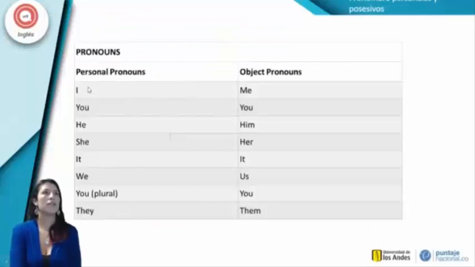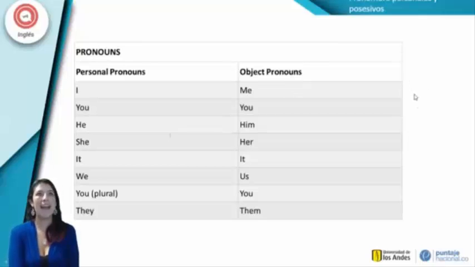Let's go back. So, we have the personal pronoun I, the object pronoun me, and the possessive pronoun is mine. The personal pronoun you, object you, and the possessive pronoun is yours.